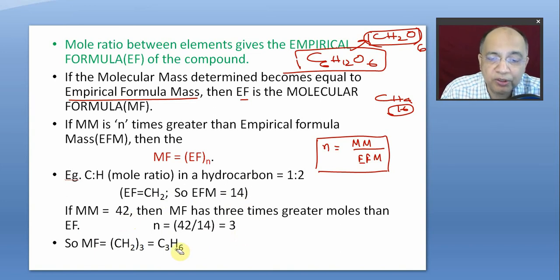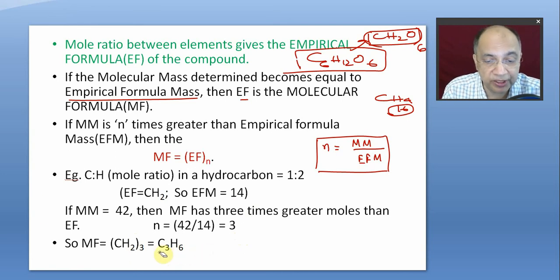So the molecular formula will be 3 times the empirical formula, so that we get C3H6. Propene is that hydrocarbon about which we are talking, where its simplest ratio is CH2.